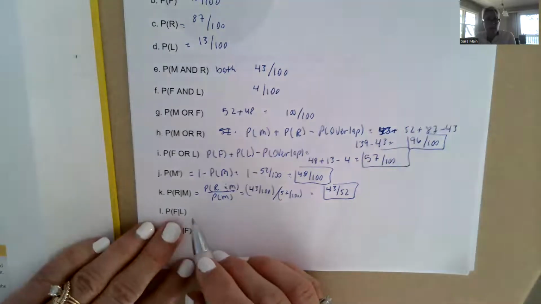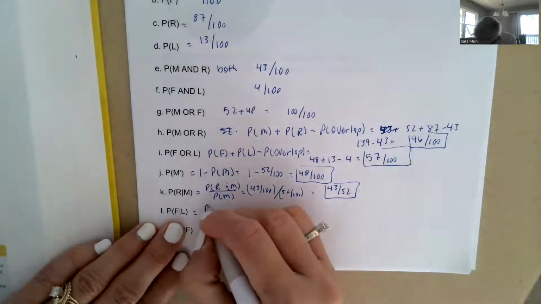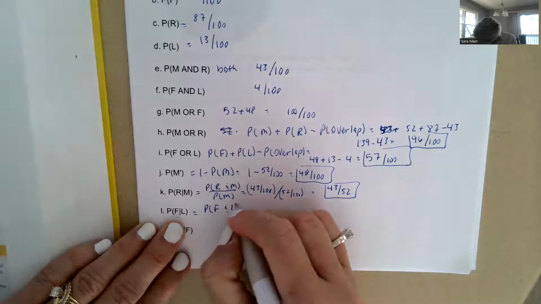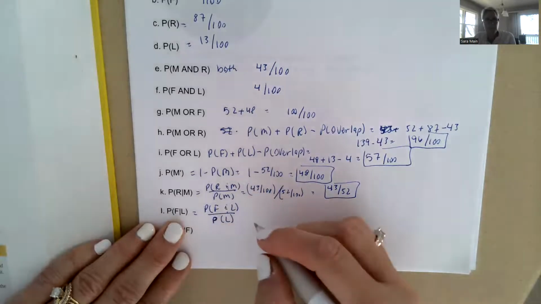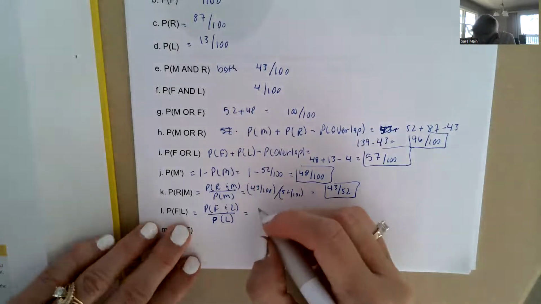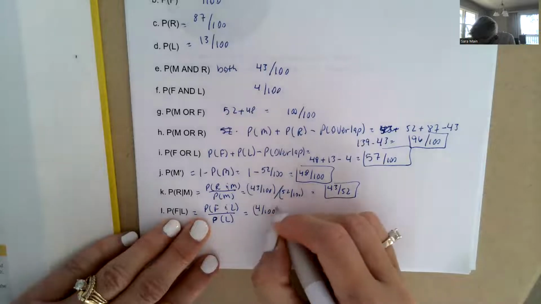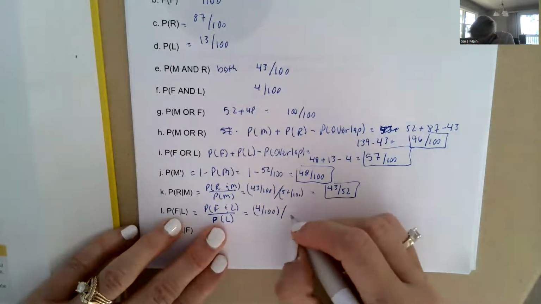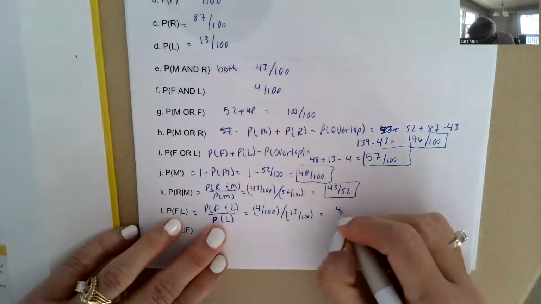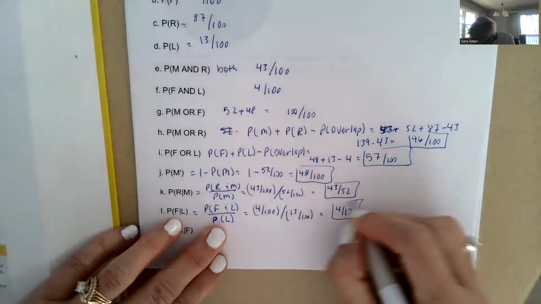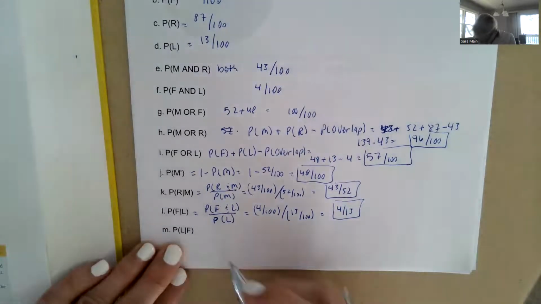What about the probability of F, female, given you're left-handed? That means the probability of female and left-handed divided by the probability of being left-handed. Female and left-handed was 4 out of 100, divided by just being left-handed, which is 13 out of the 100. So 4 out of the 13. What about the probability of being left-handed given that you're female?